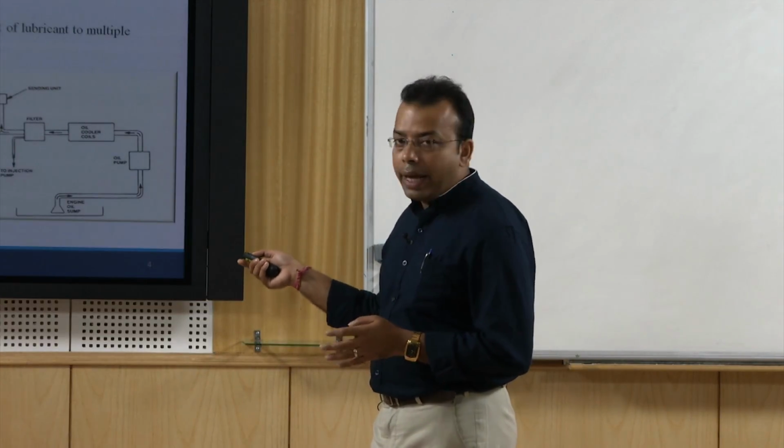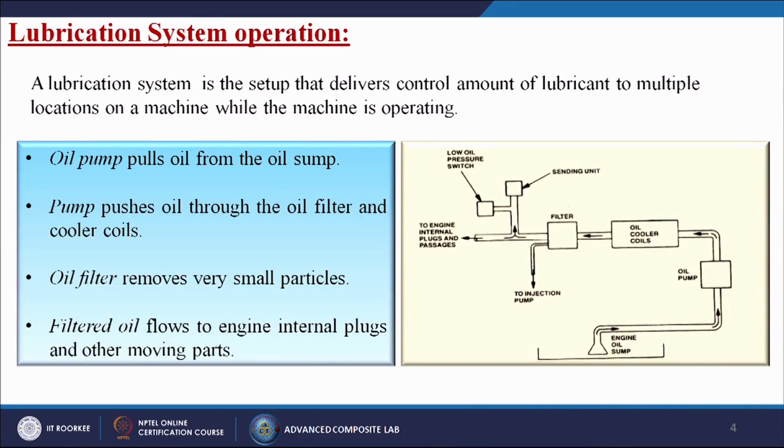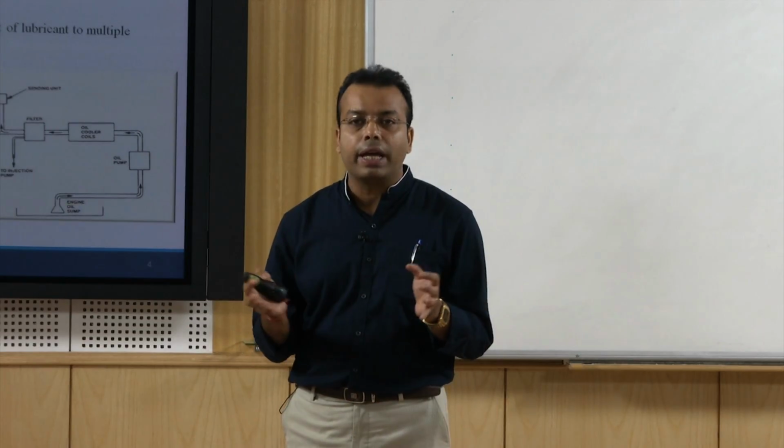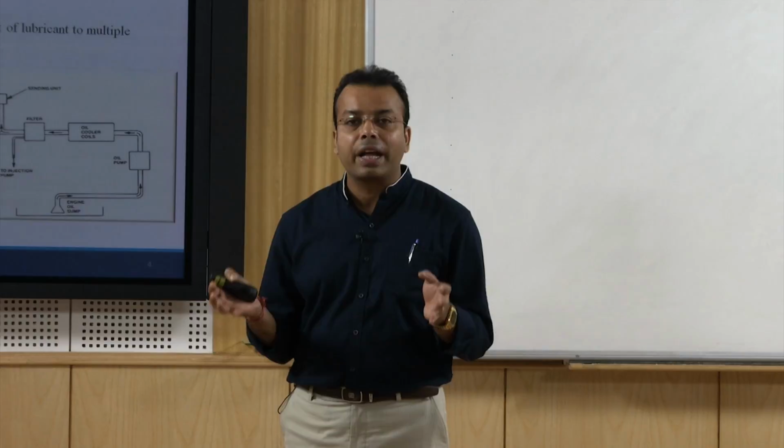This is a simple example of a lubrication system acting on a machine. From the right-hand side figure we can understand that this is one kind of lubrication system. Generally we use it for heavy or rugged machines.